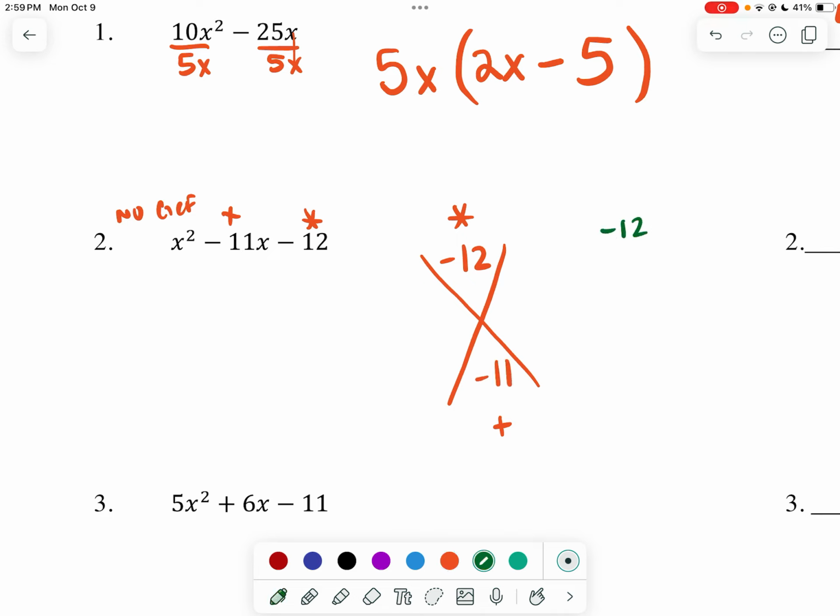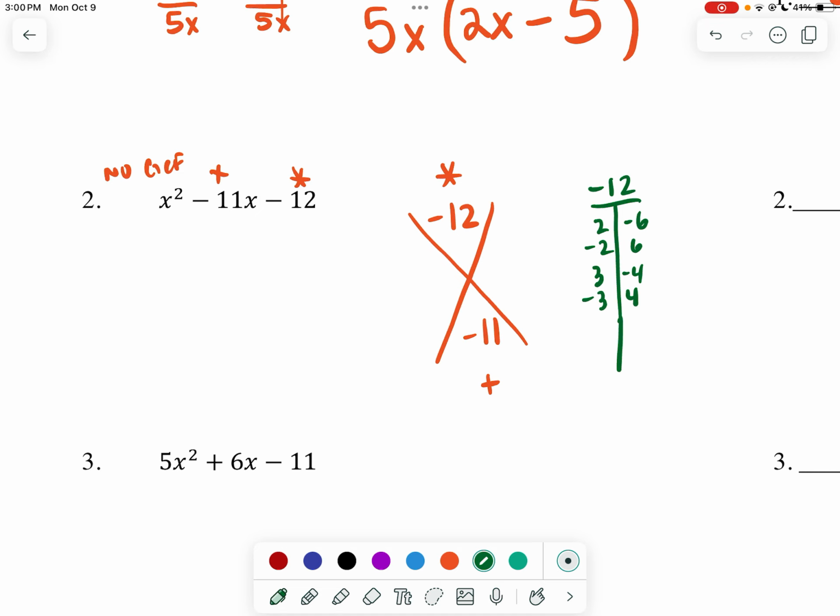If I can't think of that pair right away, I'm going to make myself a list of some numbers that multiply to negative 12. So it could be 2 and negative 6, or negative 2 and 6, because 1 positive, 1 negative multiplies to a negative. Could be 3 and negative 4, or negative 3 and 4. None of those add to negative 11.